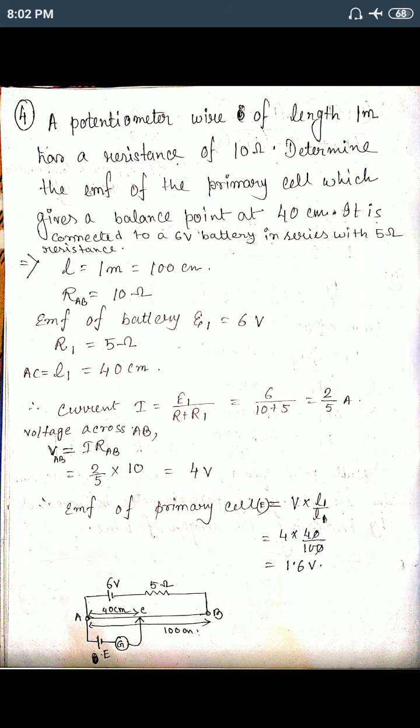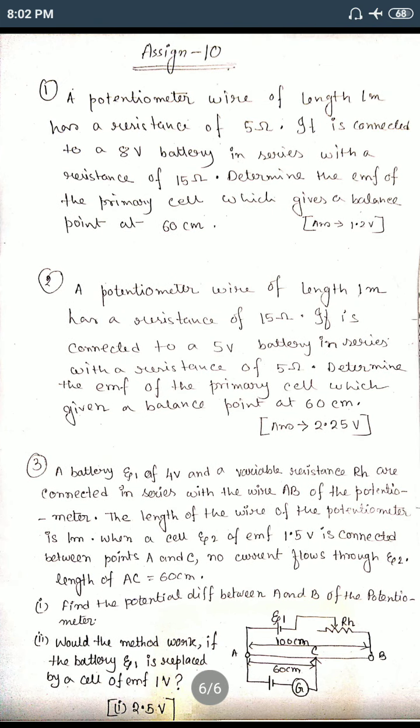Okay, so here I will give some assignment. Only 3 assignments over there. The answer also I will write. This 1 and 2 are also similar, the values are given. The 3 is a little bit different. Try it at home. So in third number, in place of resistance we use the rheostat. Rheostat means a variable resistance.